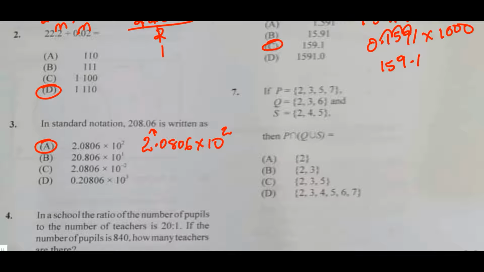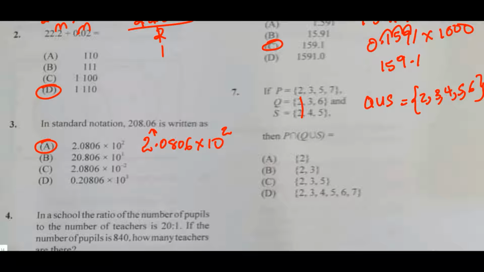So first, let us look at what is Q union S. So Q union S is the set of 2, 3, 4, 5, and 6.